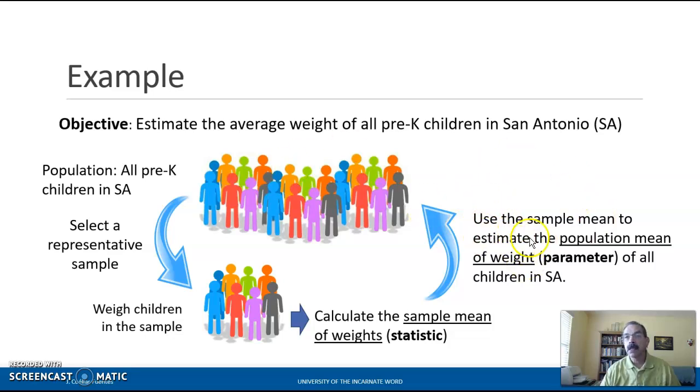Later on, we will learn how to make this estimation about the population parameter based on the statistic. But as you can see, this represents a cycle of statistical inference. Again, it is based on using the sample statistic and making an inference about a population parameter.